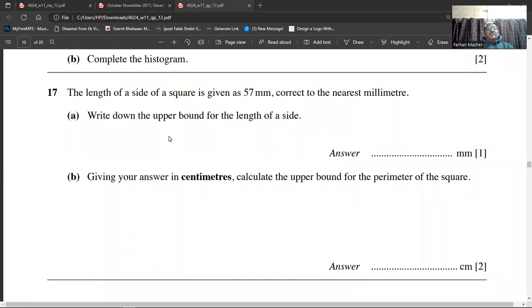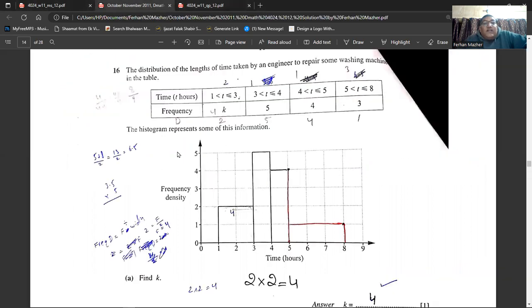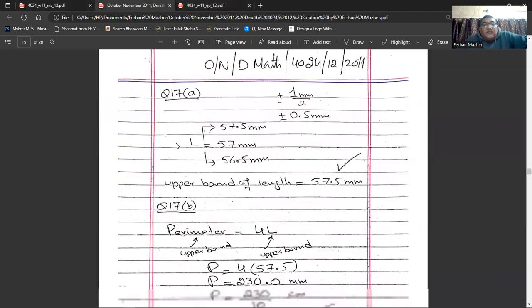Because this is correct to 1 millimeter, divide 1 millimeter by 2 and you get 0.5 millimeter, written with plus or minus. To the main length, add this to get the upper bound, and subtract it to get the lower bound.